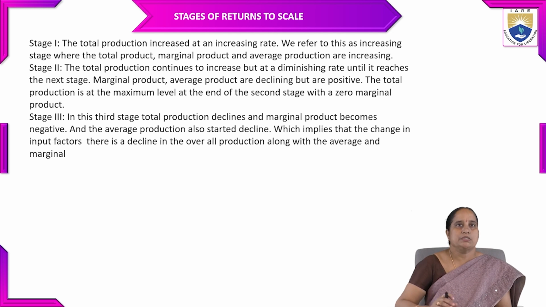The total production is at the maximum level at the end of the second stage with a zero marginal product. Coming to stage 3, in this third stage, total production declines and marginal product becomes negative, and the average production also starts to decline, which implies that with the change in input factors, there is a decline in overall production along with average and marginal products.